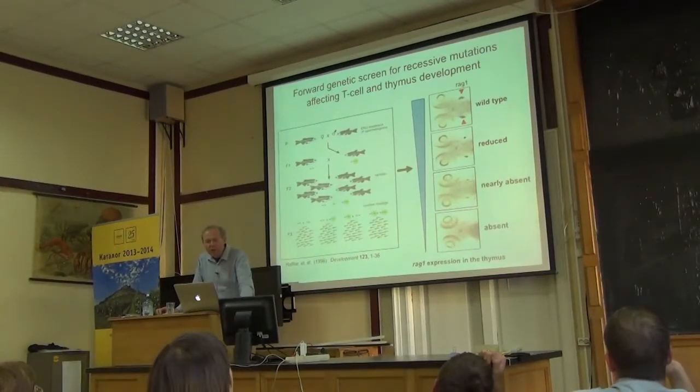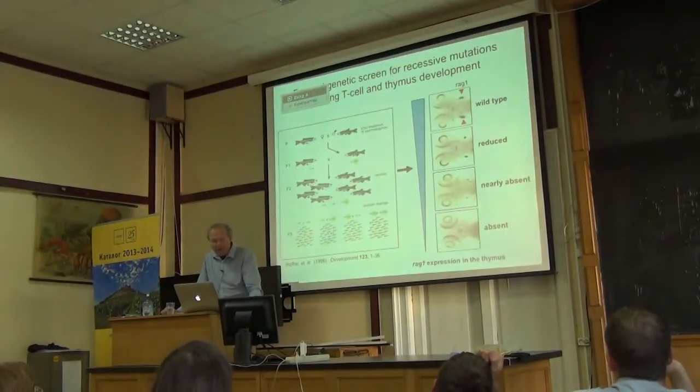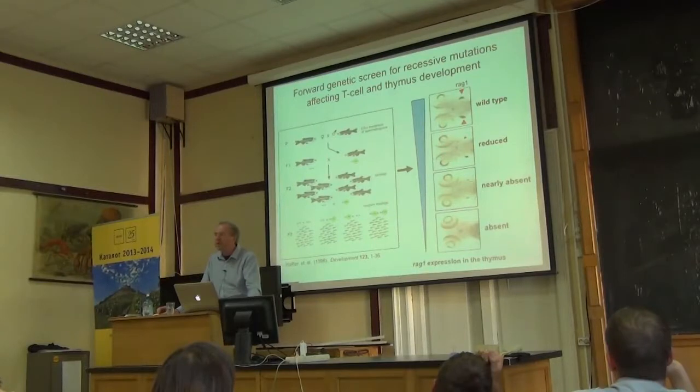So many years ago, when all these systems were not so well developed yet, we decided we wanted to embark on a mission for the future, and that is to generate a series of mutants that would impair a specific developmental pathway that we were interested in at the time and are still interested in, that is T-cell and thymus development.